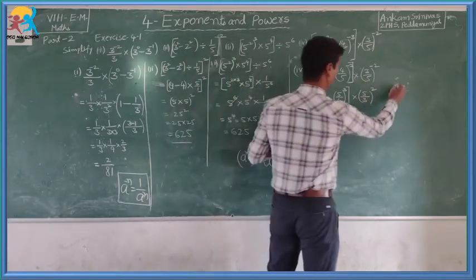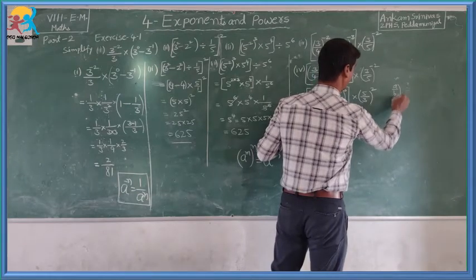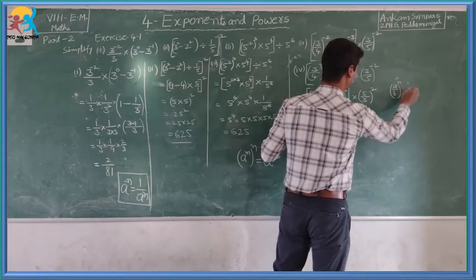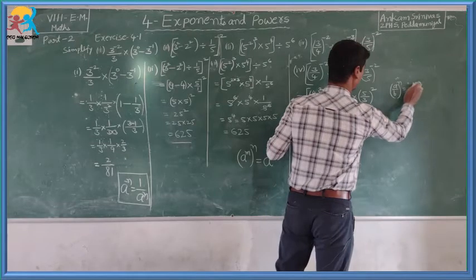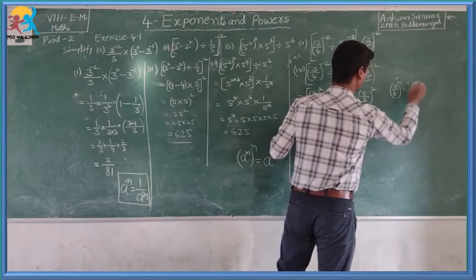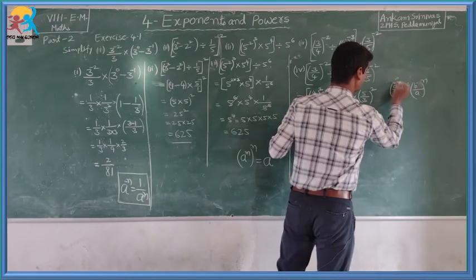A minus exponent is converted to a positive exponent by writing the reciprocal. Then the formula used here, a by b whole power minus n equals b by a whole power n.